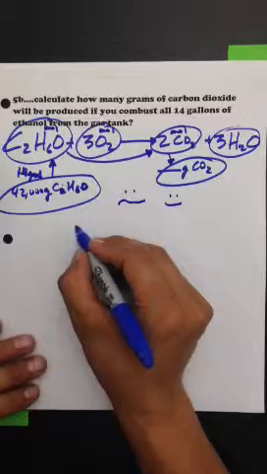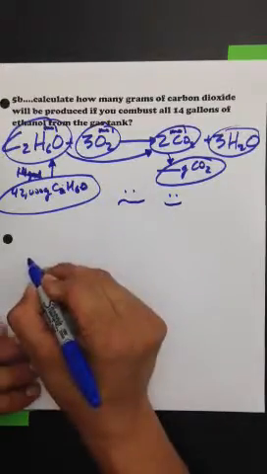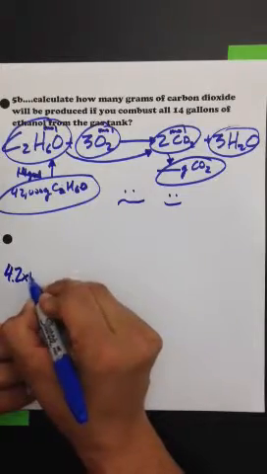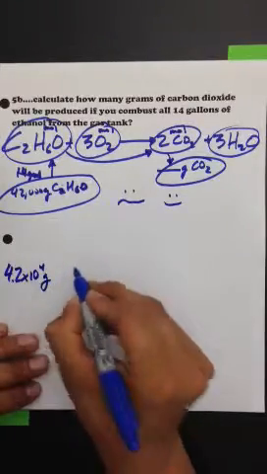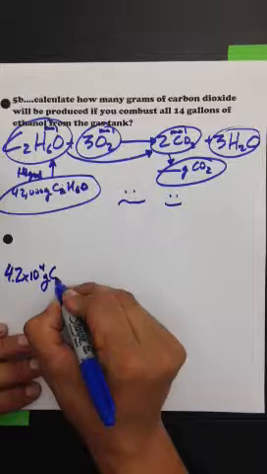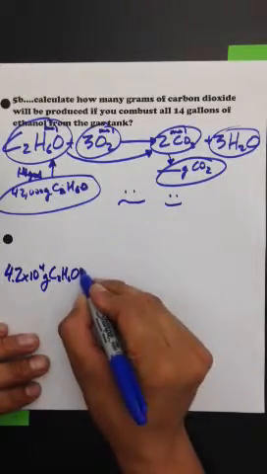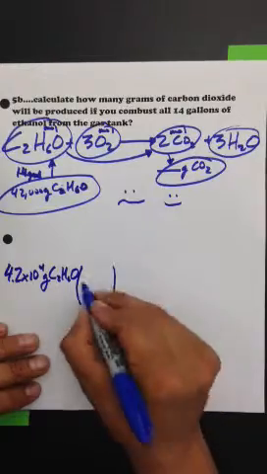Here we go. Let's put it all together into one big old conversion factor, because that's the way I roll. 4.2 times 10 to the 4th grams of C2H6O. All right. And let's do our conversion factors here.